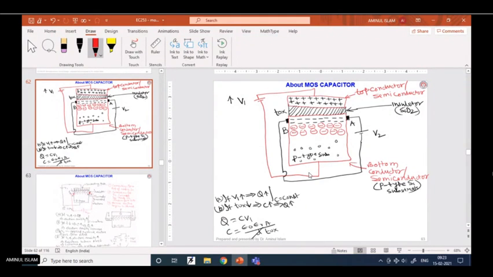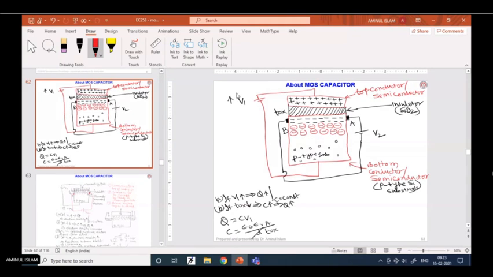Correspondingly, its electric field will increase. It will apply more pull. That pull will attract the minority carriers in this p-type substrate. Minority carriers are electrons. Those will be collected and lined up here at the bottom portion of the silicon dioxide insulator.